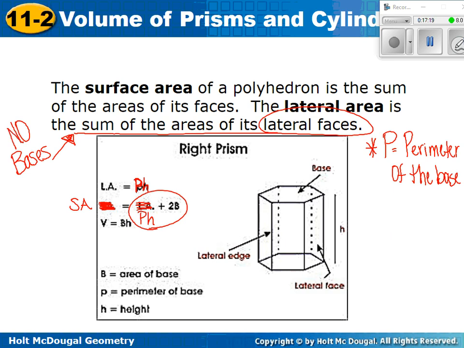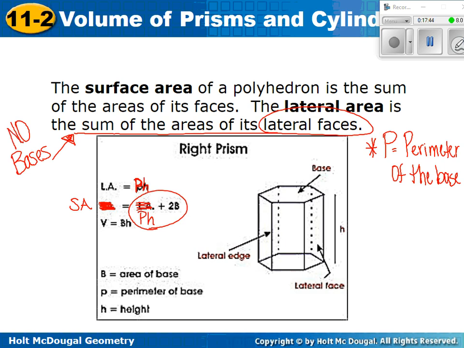So you're going to look at your shape and find the perimeter of your base and multiply that by the height of your prism. Remember, H stands for the perpendicular distance between your bases. So perimeter of the base times the height plus 2 times the area of the base.